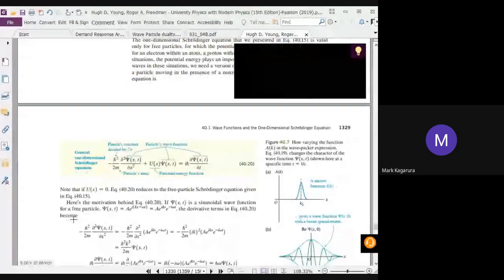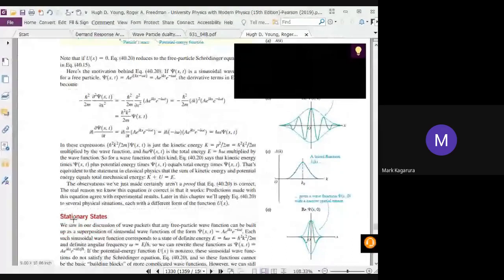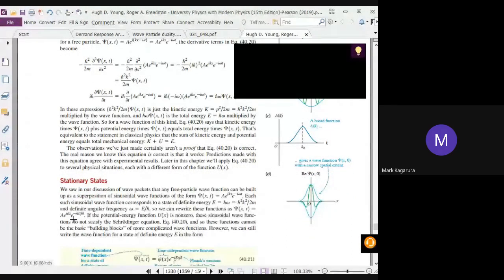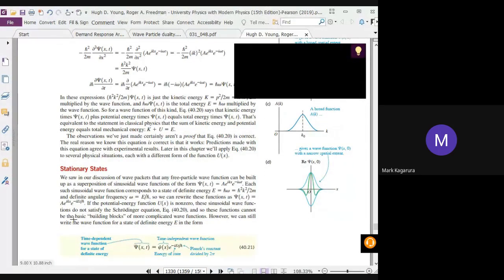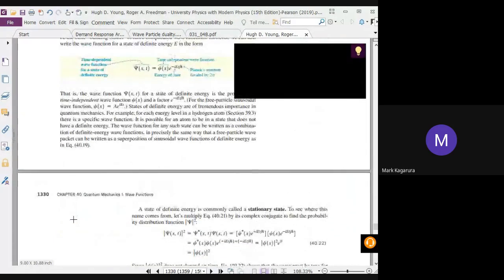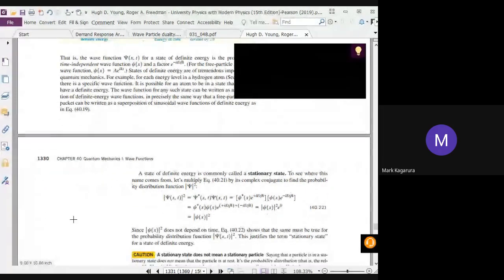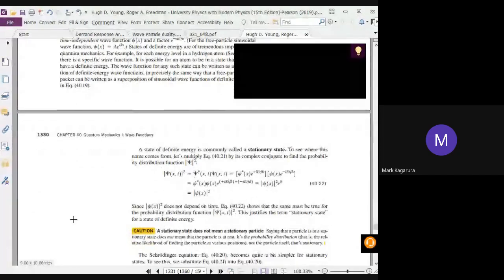Then we have this wave function, defined as psi of x and t. It doesn't explicitly state the time dependence. This is the time dependent wave function.